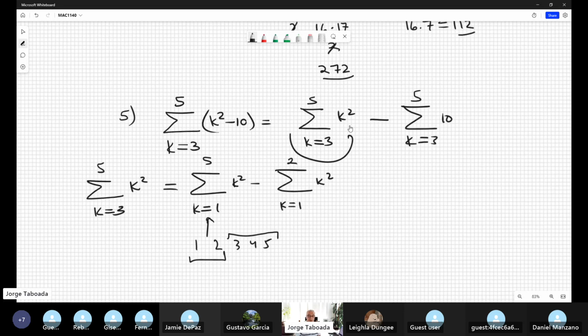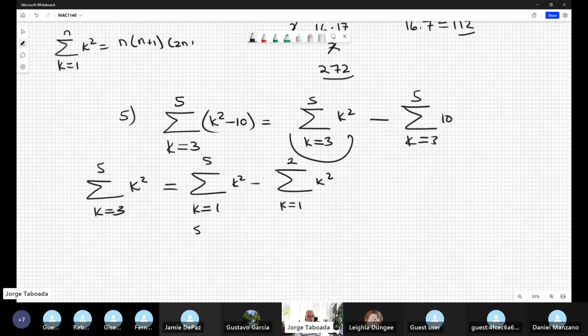Entonces es easy, because the formula is, well, let me record the formula. The formula is more complicated. In this k squared, summation from k equal 1 to n of k squared is equal to n times n plus 1 times 2n plus 1 divided by 6.